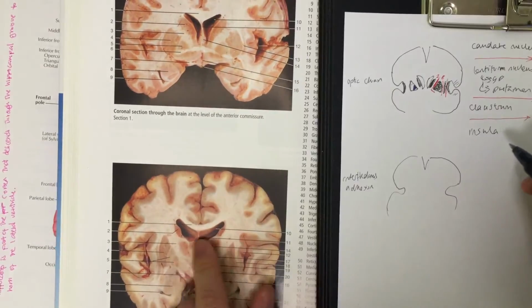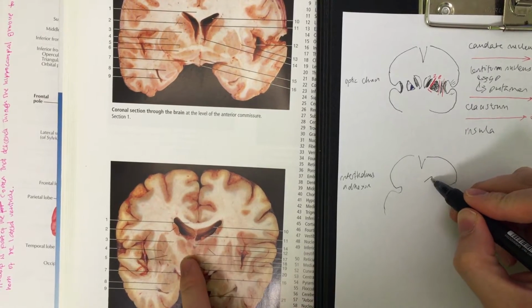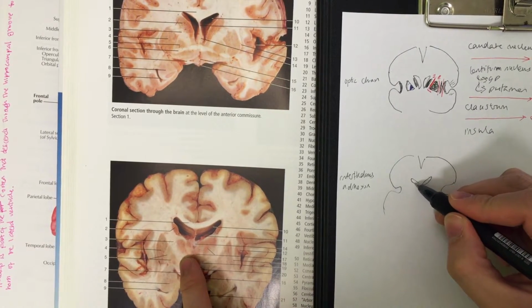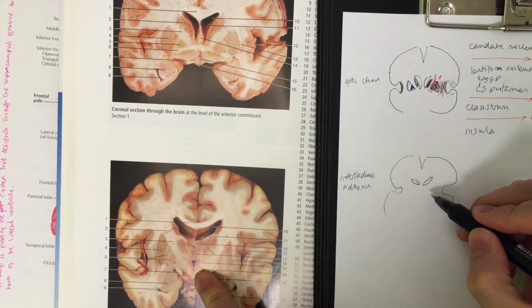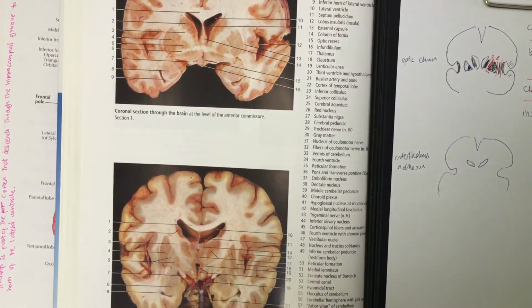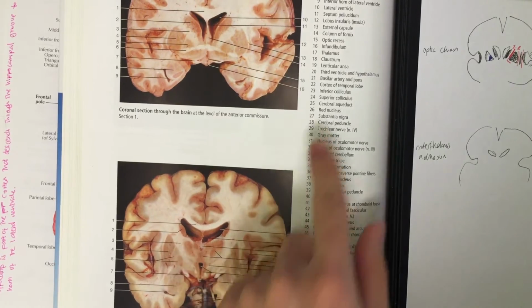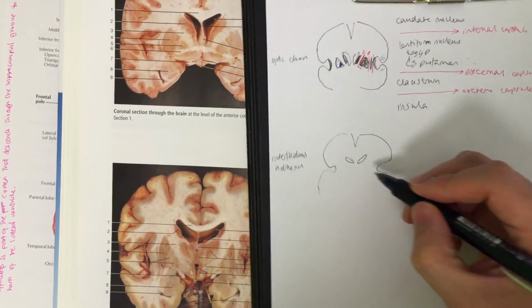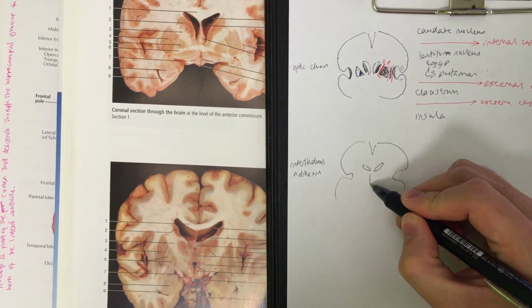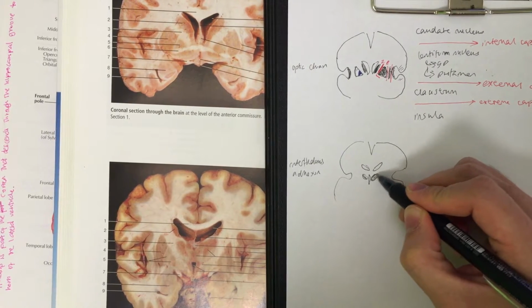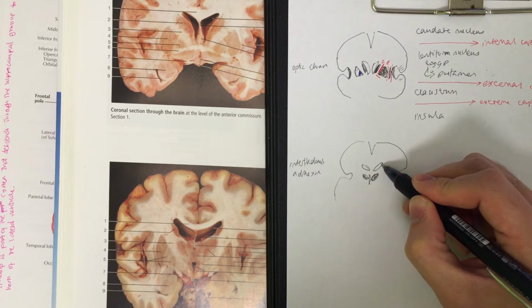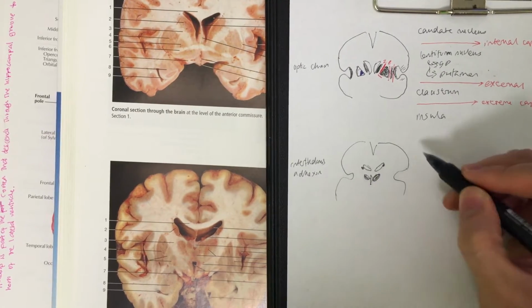We can have again the lateral ventricles, and then we're going to be able to see the third ventricle. Yeah? So this is the third ventricle. And then we will be seeing the thalamus here. So here is where the caudate nucleus is going to be found.